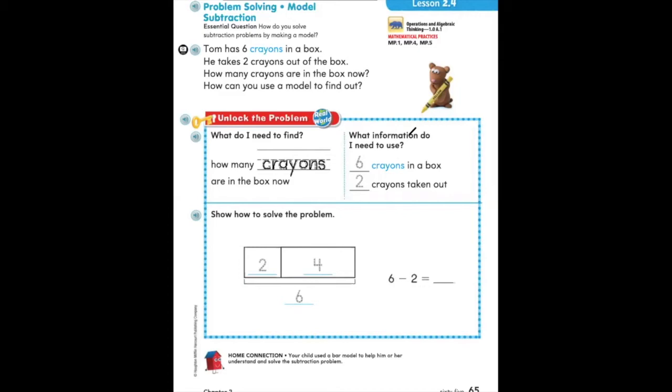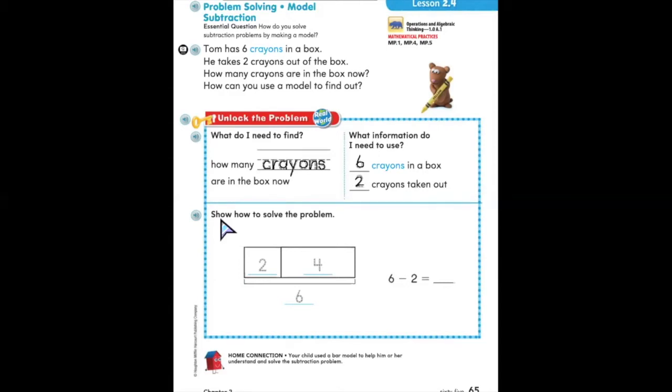What information do I need to use? We know that Tom has 6 crayons in a box. We are going to use that information. Let's trace 6. We also know that 2 crayons were taken out. We are going to use that information as well, so trace the number 2.